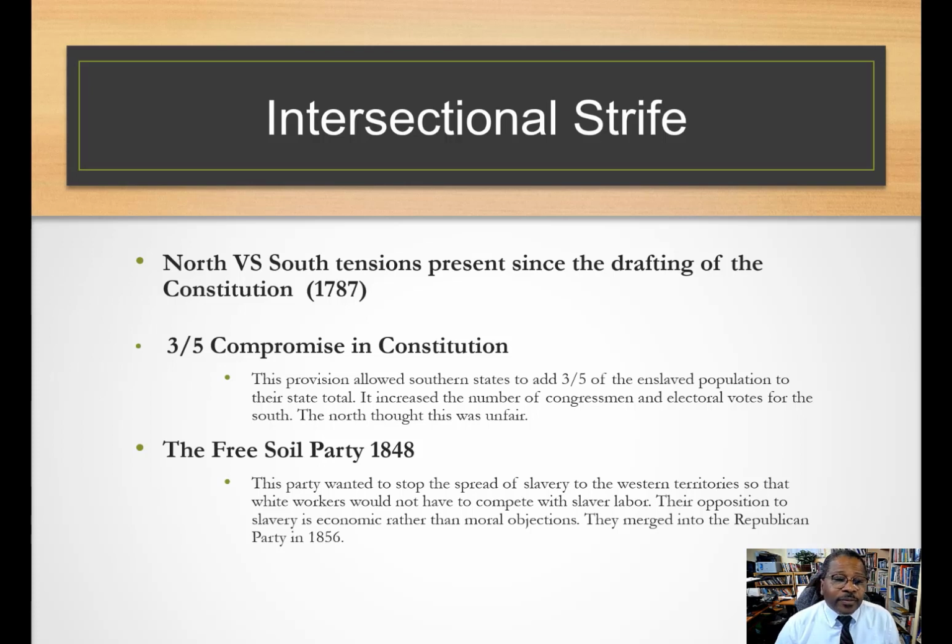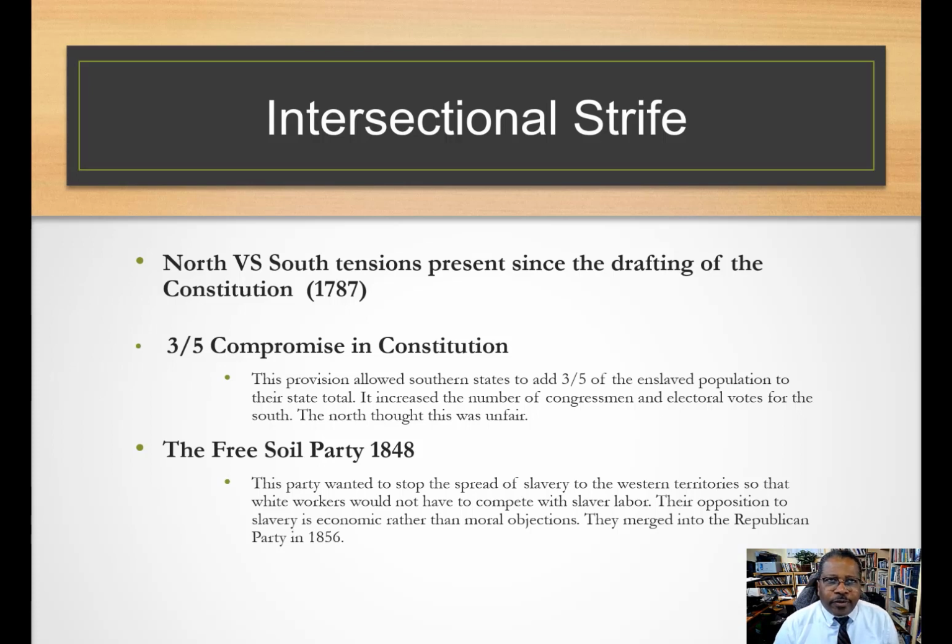There were people, as we talked about in American History 1, who wanted to abolish slavery entirely. You had people like Benjamin Franklin and Alexander Hamilton who were strongly opposed to slavery. But to get the inclusion, participation, and support of the Southern states, they embedded in the Constitution a provision called the 3/5 Compromise that I have on the screen here.